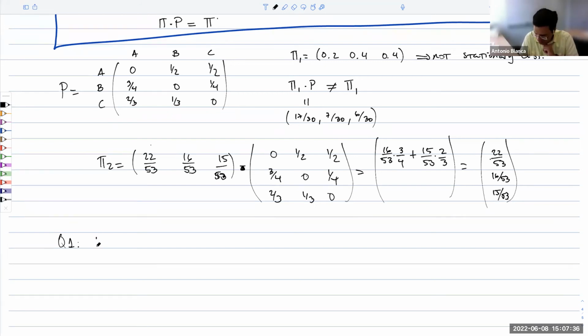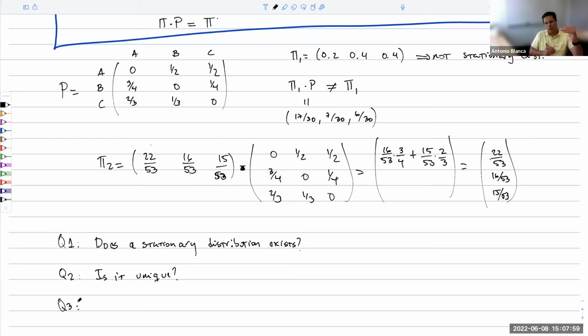So the questions are: does a stationary distribution always exist? Second, is it unique? And one that is a little subtle, because you can have 1 and 2 without having this one. You can have a unique stationary distribution, but that doesn't mean that if you start the chain and take time to infinity, you start approaching that stationary distribution.